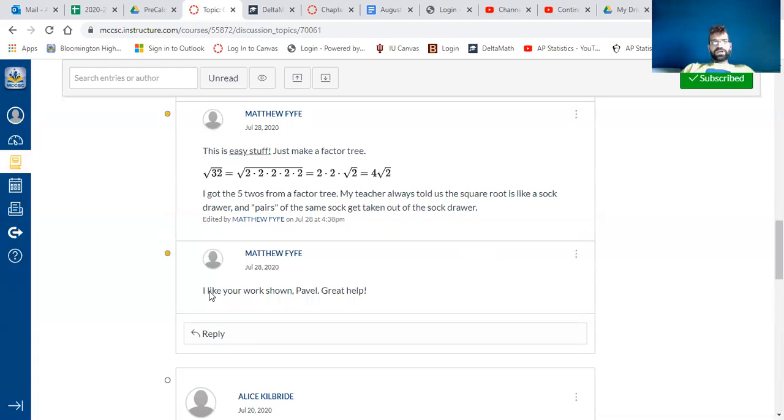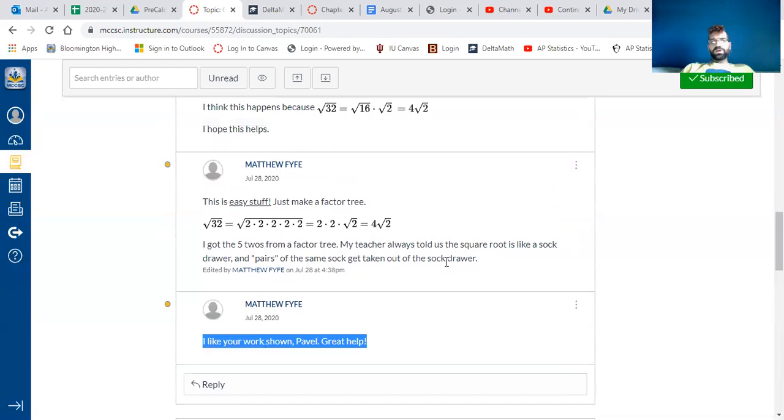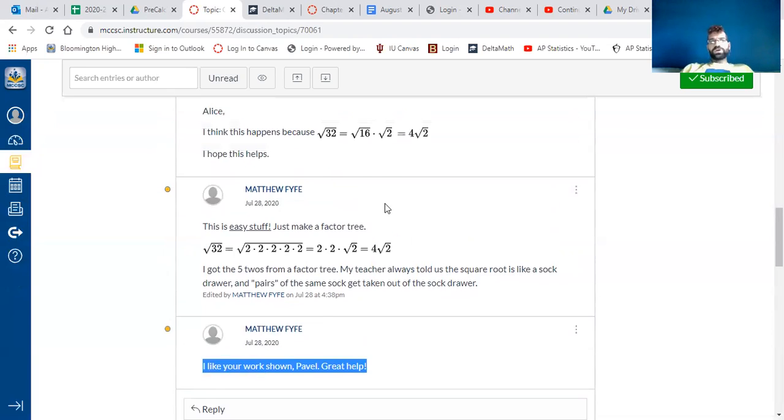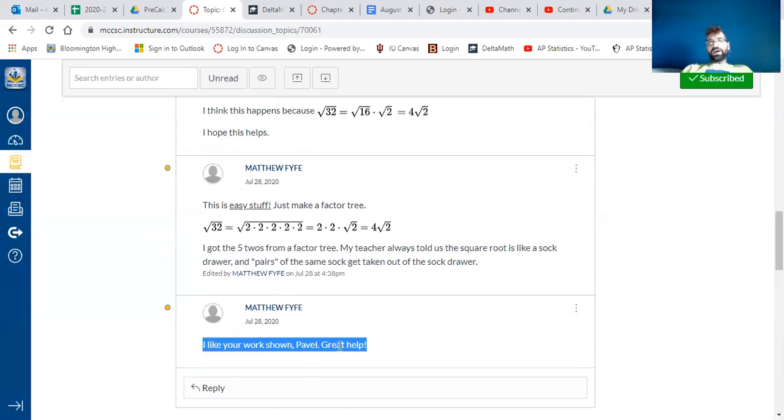Okay, here's another response where Mr. 5 says, I like your work shown, Pavel. Great help. So he responds to my post. Now, this is a very nice response, but it will not count towards your responses because, yes, it is very nice and polite, but it doesn't involve any math content whatsoever.